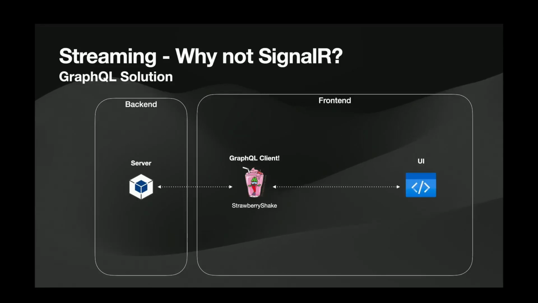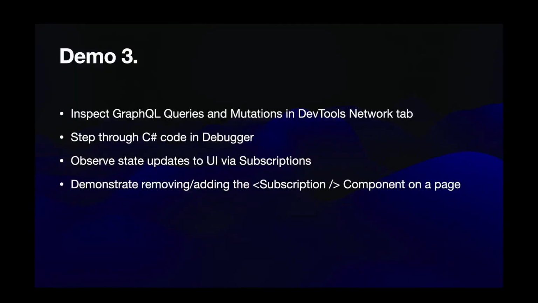You can kind of minimize the amount of state management that you do in your front end, in your client. So we've already done a bit of this, but what I'm going to demonstrate now is the last two things here.